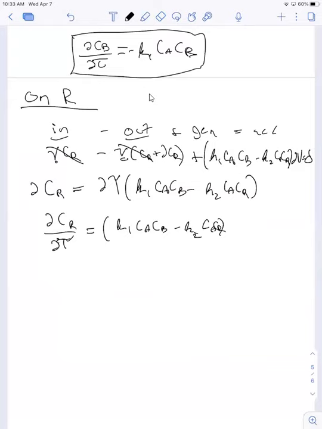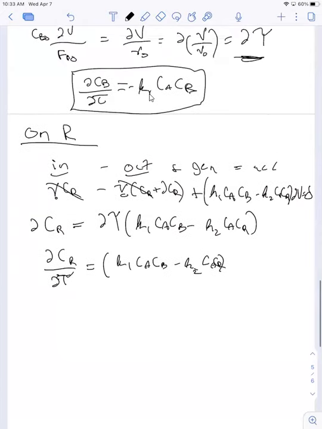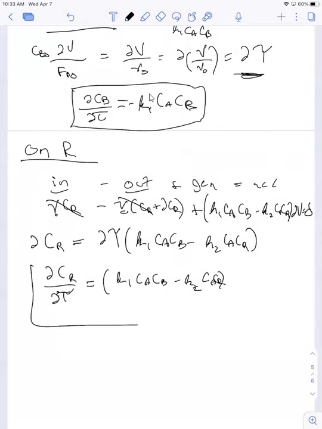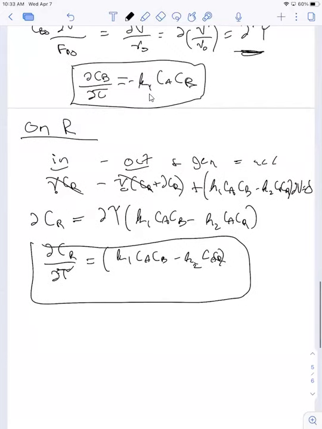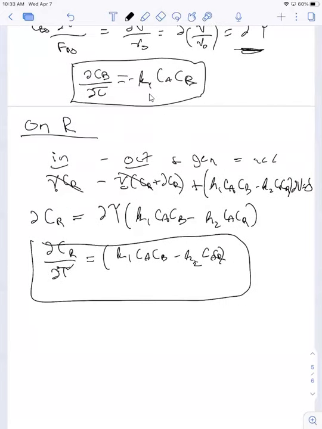Okay, so now we have both an equation for the derivative of CB with respect to tau and the derivative of concentration R with respect to tau. So we can divide those two equations.